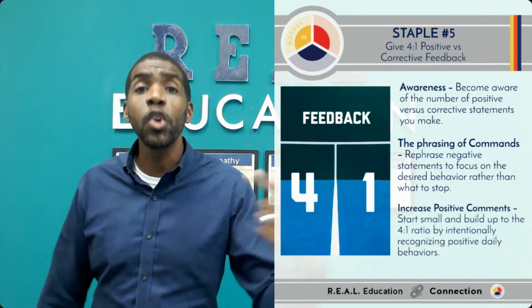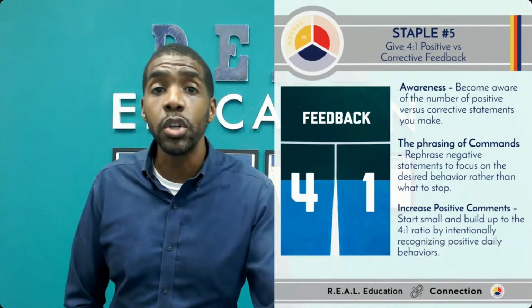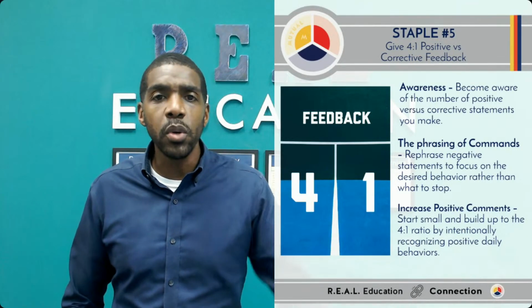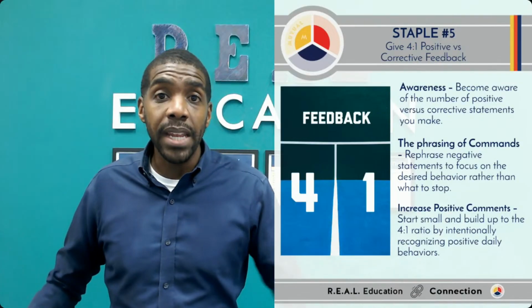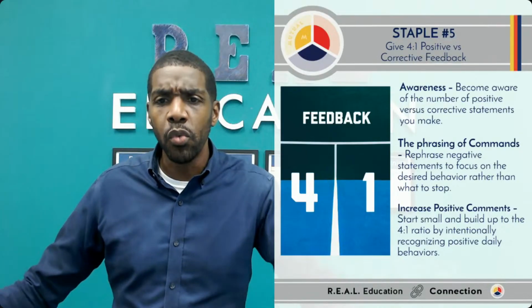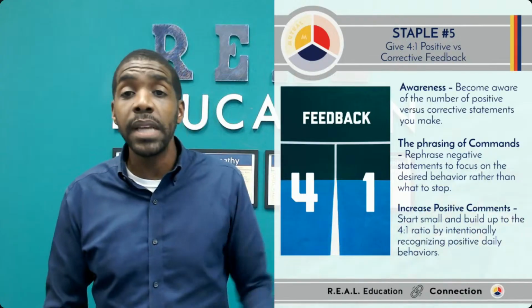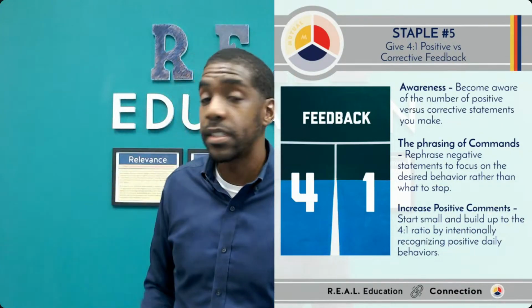The last thing is to increase those positive comments. I want you to start small and be intentional about how you say what you need to say. There are also strategies for a student who is being disruptive: you don't necessarily say anything just yet, unless they're doing something really off the wall. Instead you say, I like how Anthony's got his stuff ready. I like how Anthony's lined up. I like how Chris is sitting in his seat.